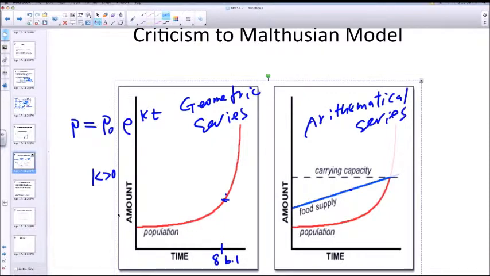The difference is that first, the geometric series keep doubling, and the arithmetic is you keep adding 1. One is multiplication, another one is addition. Of course, you cannot match the speed at some point. So that will be the point Malthus concluded.